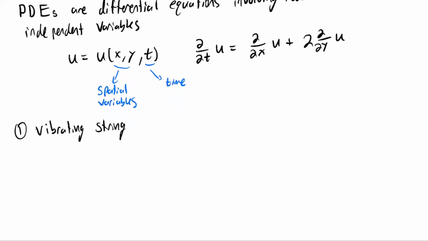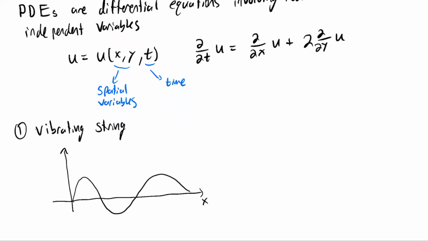And so how do you set this up? Well, let's imagine that we have some particular vibrating string. Let me try to graph it here. Like, let's say this is the x-axis. And so maybe the string looks something like this. Maybe something that looks a little bit like a sine wave. And so what I'm going to do is define a function u.